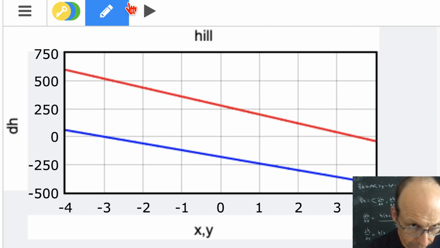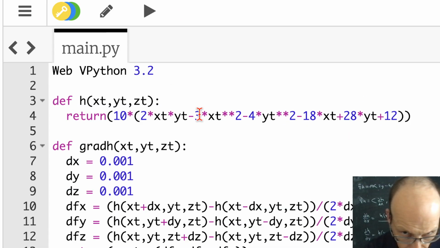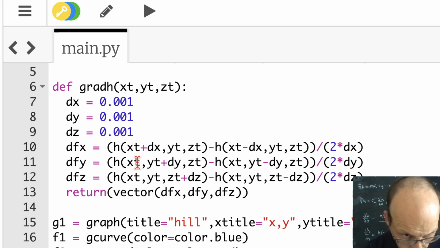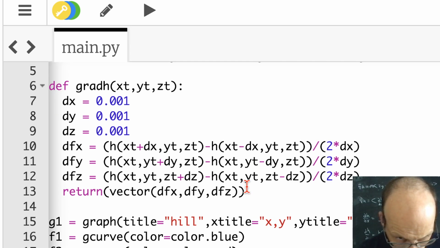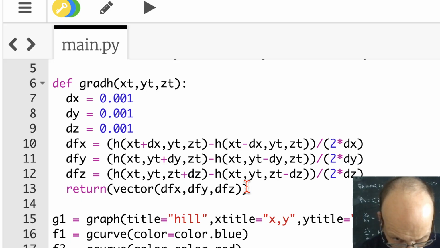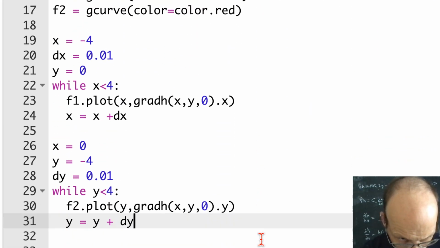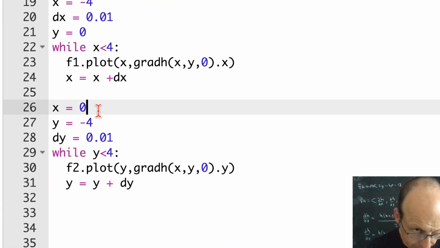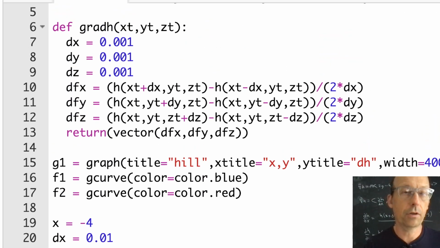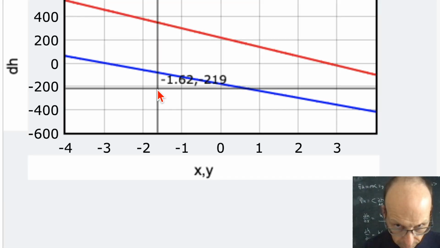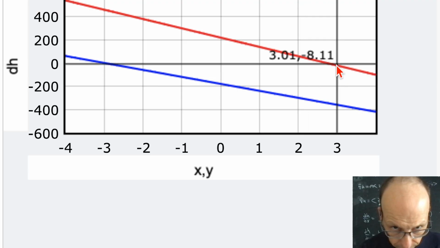So I must have an error up here or here. dy. Let's put this at x is equal to -3. See if that fixes it. Because I already knew the location. Yep. No, it's close. It's close enough.